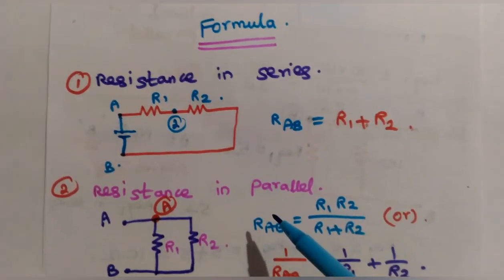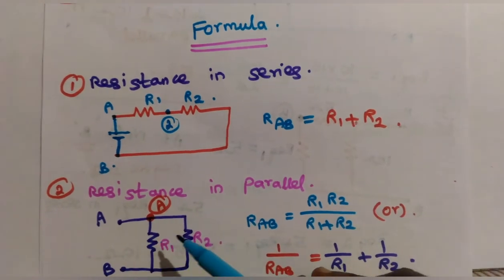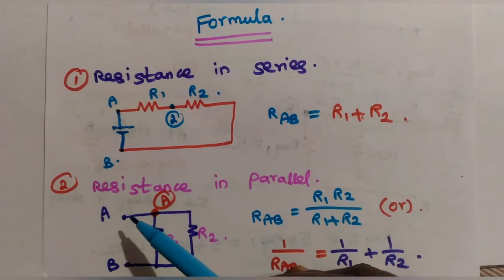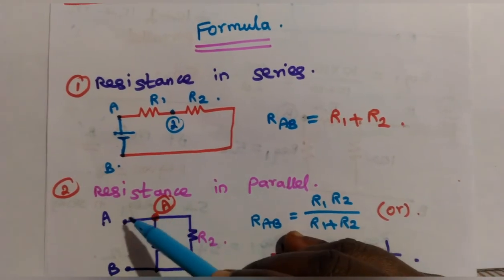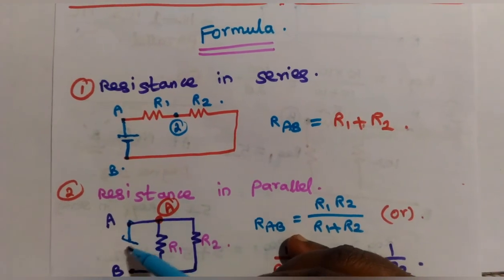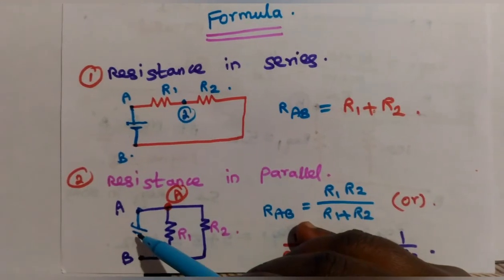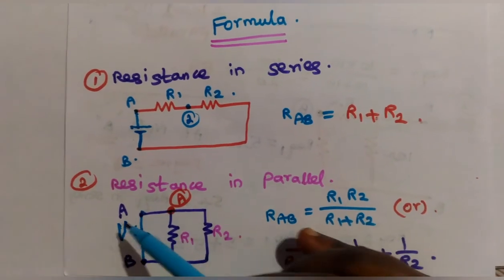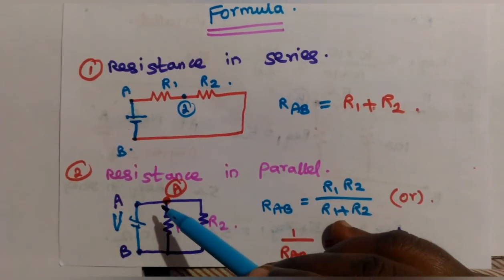Suppose consider this circuit. In this network also there are two resistances given. Before identifying the equivalent resistance across the terminals A and B, we should connect a voltage source across the points A and B. Just connect one voltage source like this. Then after connecting the voltage source, identify the node point.